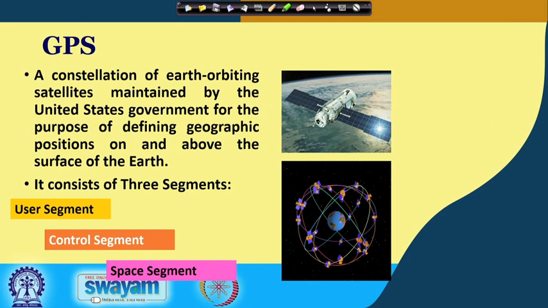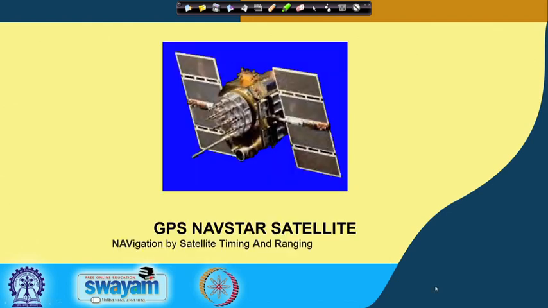And obviously, GPS is based on a constellation of 24, and sometimes more than 24, satellites, and it consists of 3 segments: the user segment, the control segment, and the space segment.